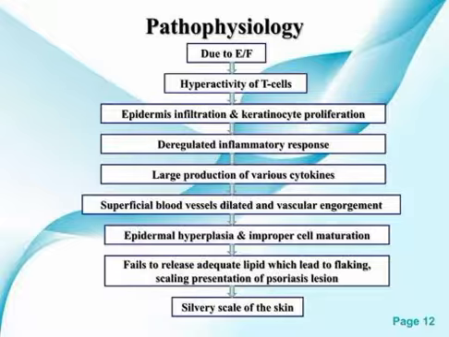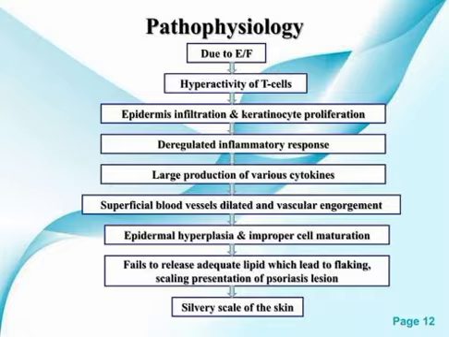Once the blood vessels are dilated and the vascular encroachment occurs, it may lead to epidermal hyperplasia and improper cell maturation. We have already said that psoriasis increases the new cells by 8 times faster, but it stops the shedding of the old cells at the normal rate.